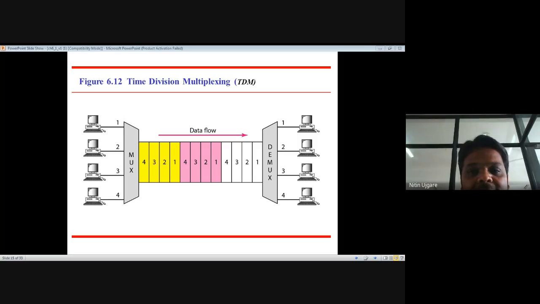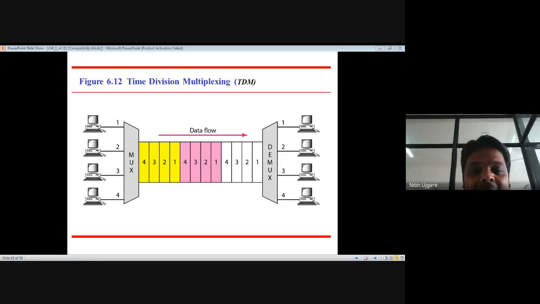Note that the same link is used as we have seen in frequency division multiplexing. However, the link is shared by time rather than by frequency. So in this figure, the portions of signals 1, 2, 3, and 4 occupy the link sequentially.